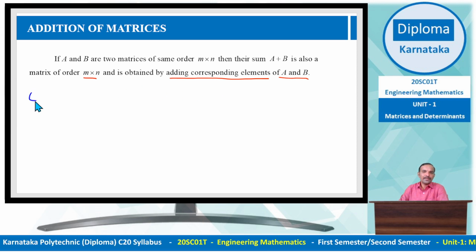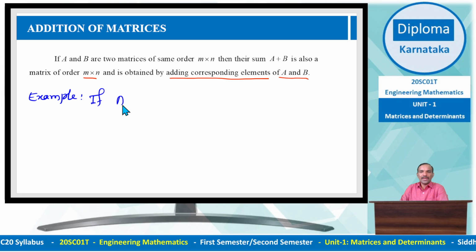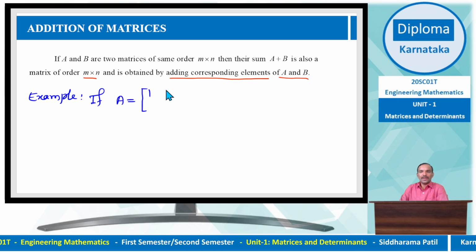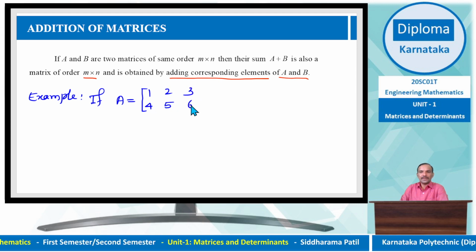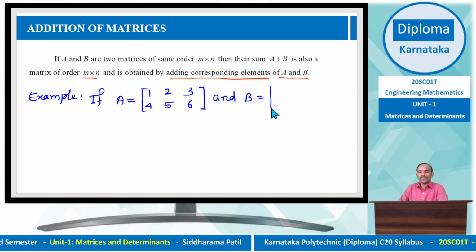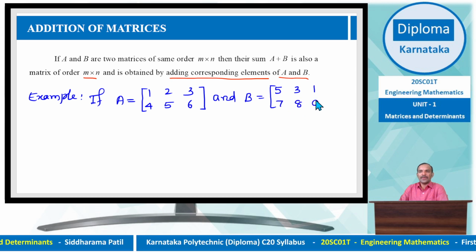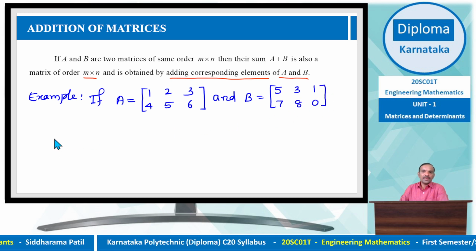Example: if A equals the matrix 1 2 3 4 5 6, and B equals the matrix 5 3 1 7 8 0, then what is A plus B?